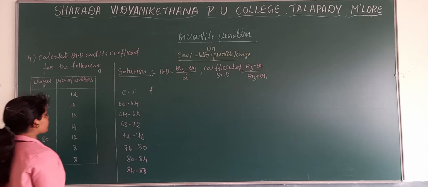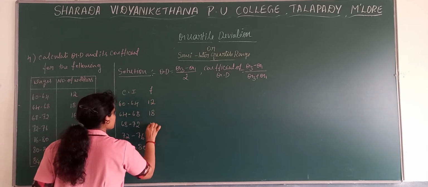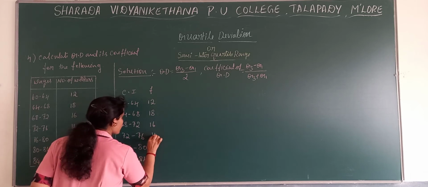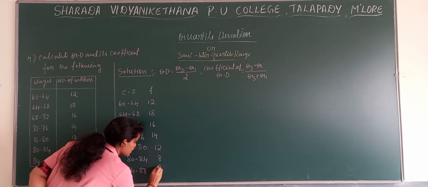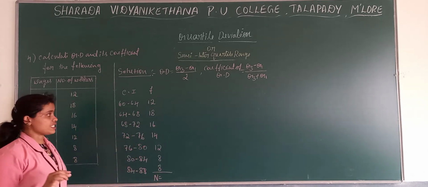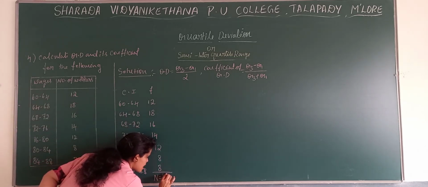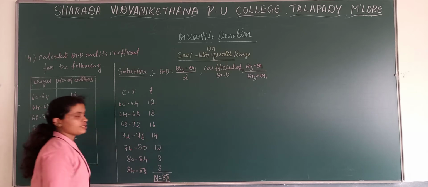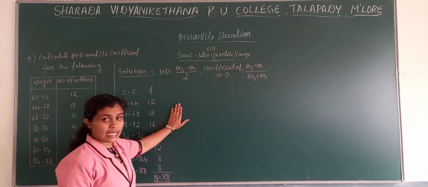Then we take down the frequencies as 12, 18, 16, 14, 12, 8 and 8. When we total them, we get the total number of frequencies as 88.